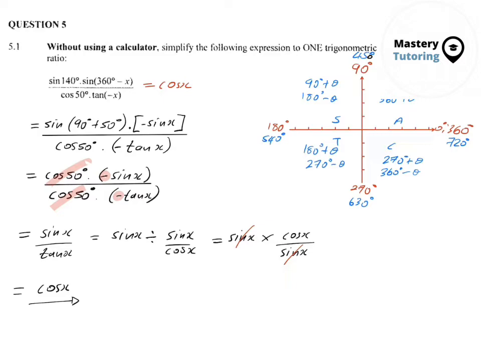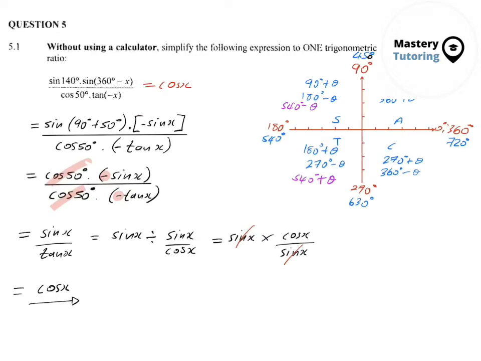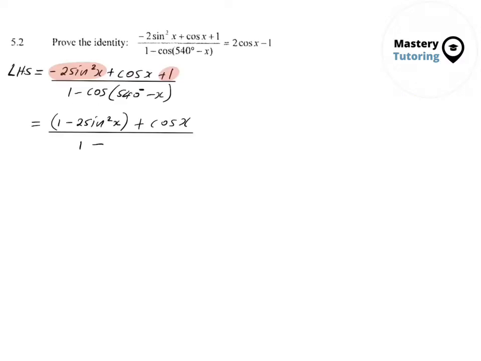So this simply means that at this quadrant, we have 540 minus theta, 540 plus theta. Our expression here, we have 540 minus x, so it means that we're actually in the second quadrant.